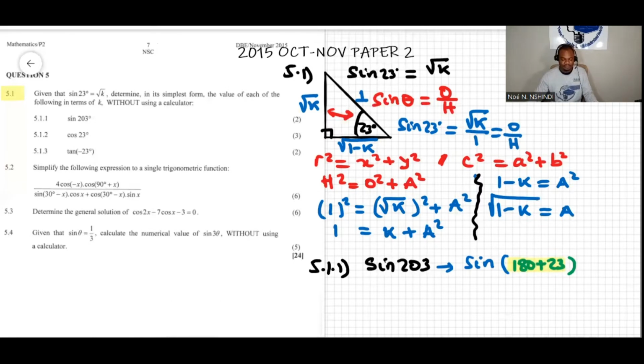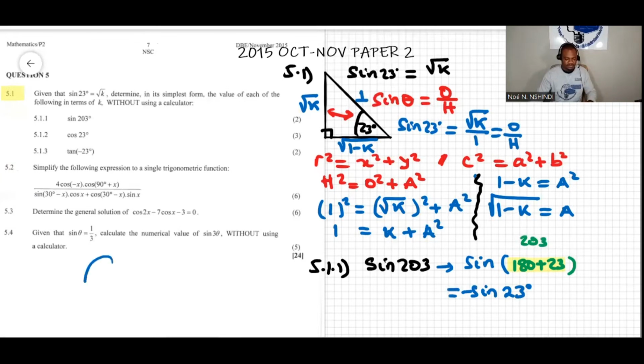Why did I write it this way? Because this can be reduced. This is actually negative sine of 23 degrees, because this falls in the third quadrant.